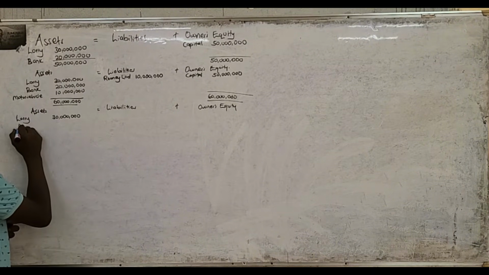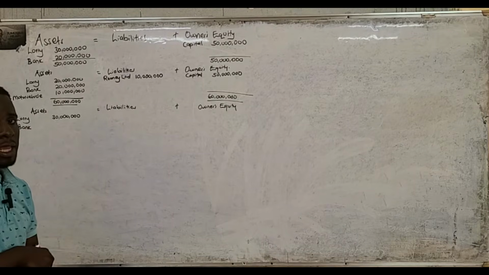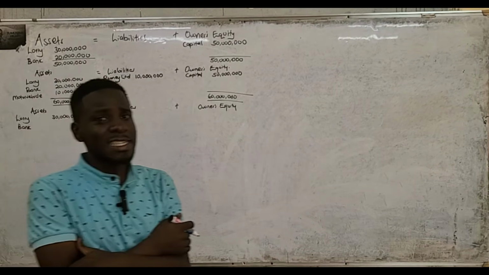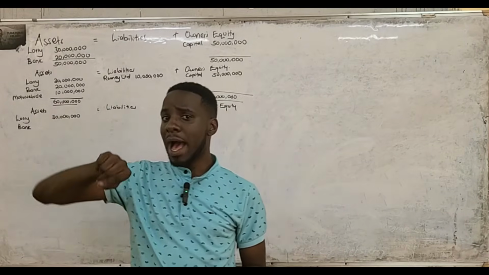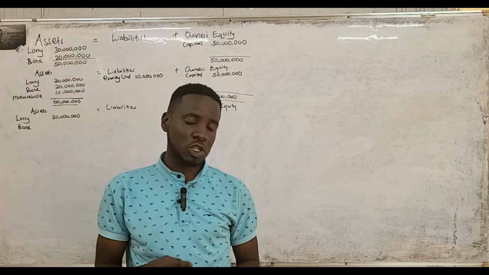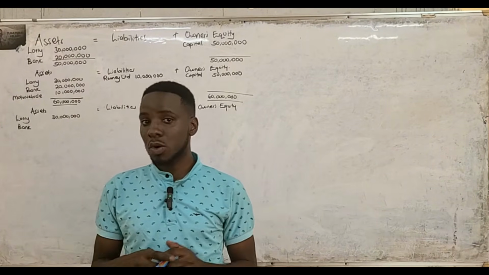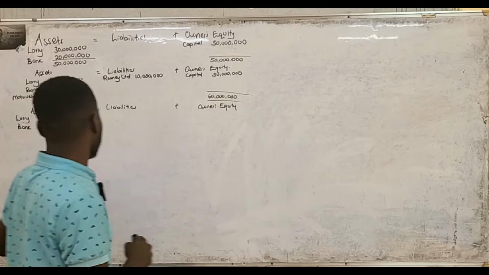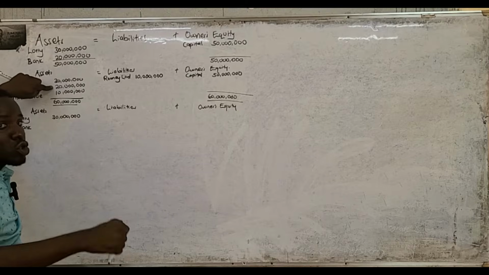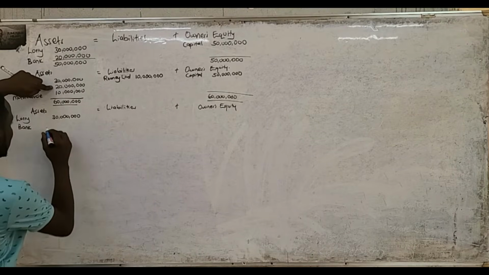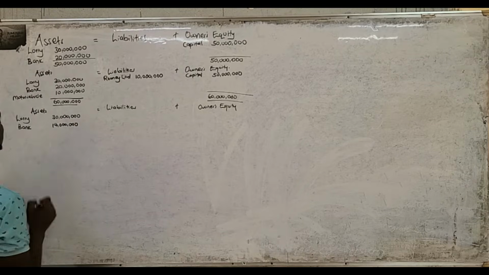Now, when it comes to the bank, initially in the bank we had 20 millions, okay? But now they are telling us that we bought inventory using check. So that means our money in the bank is going to reduce. And it's going to reduce by the amount of money that we bought the stock or the inventory. So we are going to say it's going to reduce from the 20 millions minus the 6 millions we used to purchase the what? The inventory. So our money in the bank will become 14 millions.